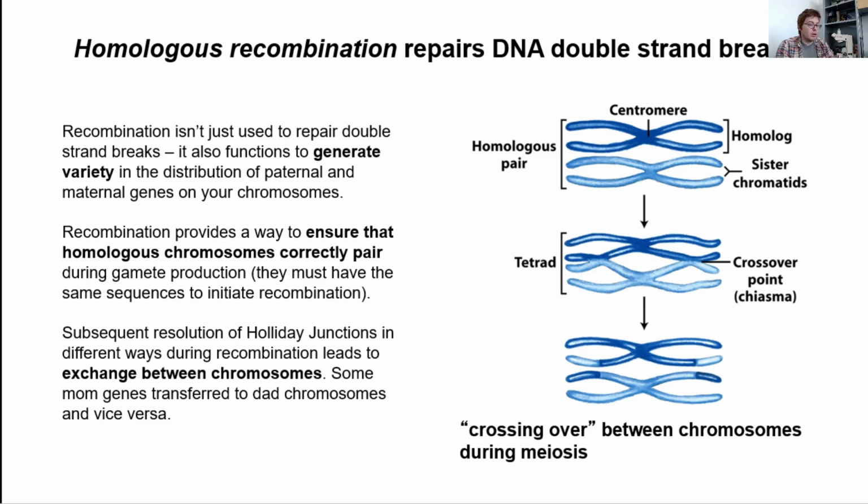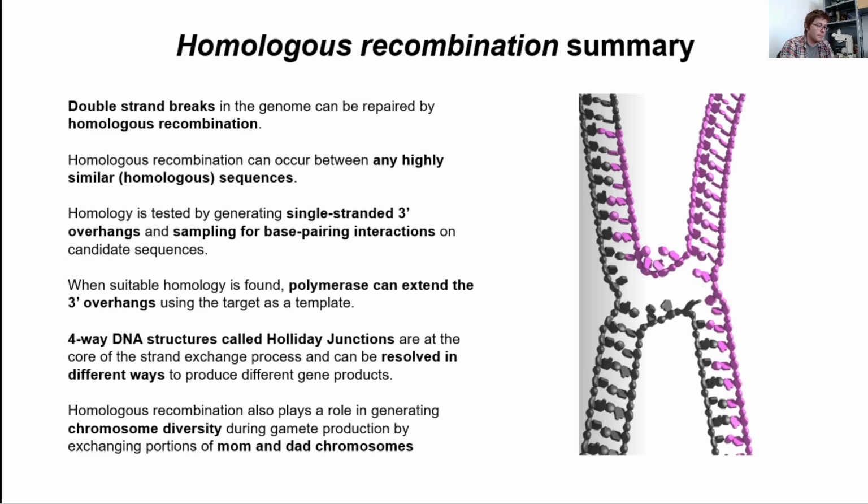And then when you resolve those Holliday junctions, depending on how you do them, you can get local exchange, or you can get entire arms of chromosomes swapping places like you see here. And so this homologous recombination provides a way of getting crossing over between chromosomes that takes place when you make your gametes during meiosis.